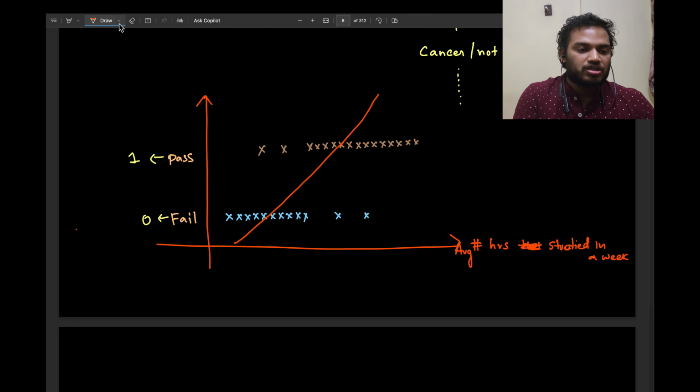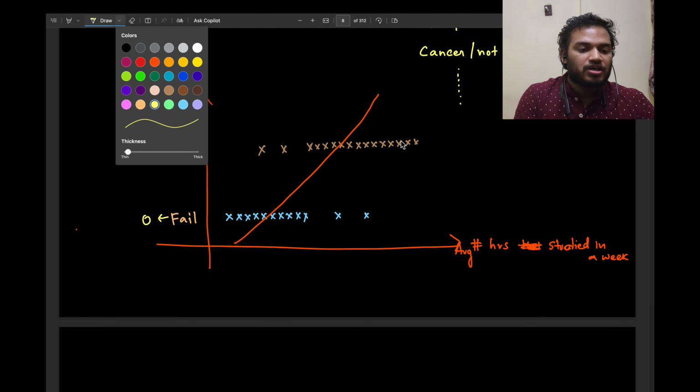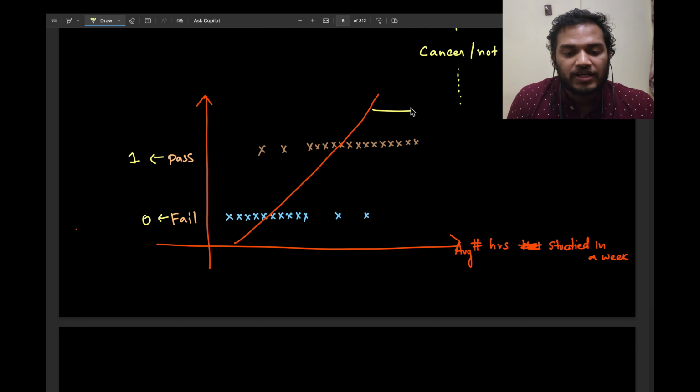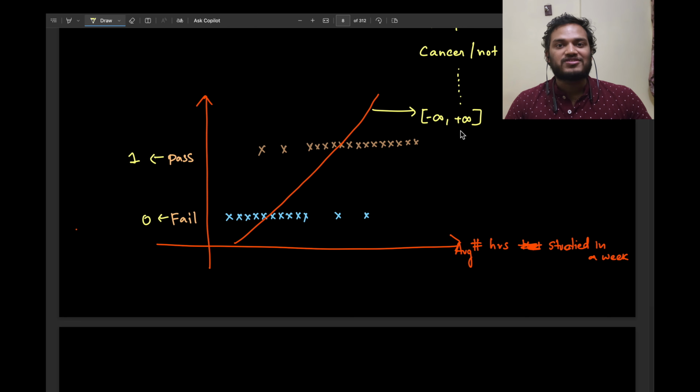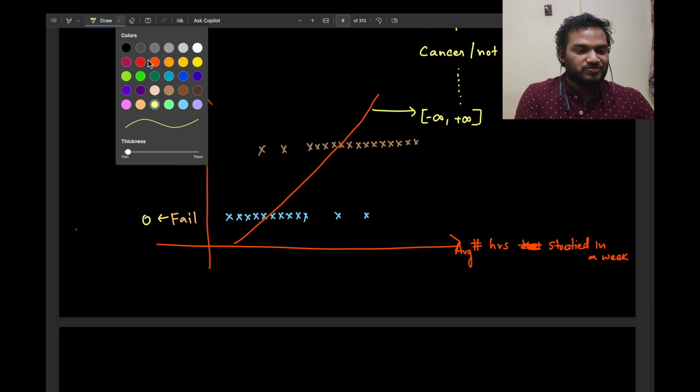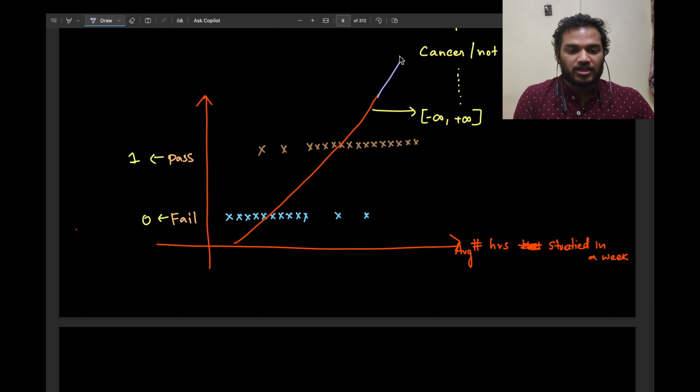So what is the problem with this particular line? The output of this line can range anything between minus infinity to plus infinity. You might be thinking, how is it minus infinity to plus infinity? Let's see. If this line keeps on extending, this is the y-axis, that is the output axis.